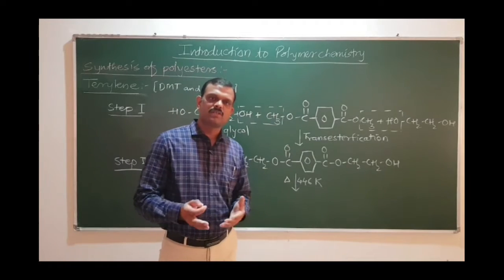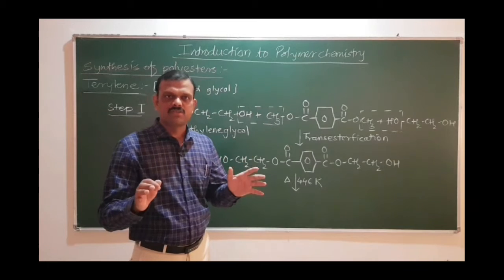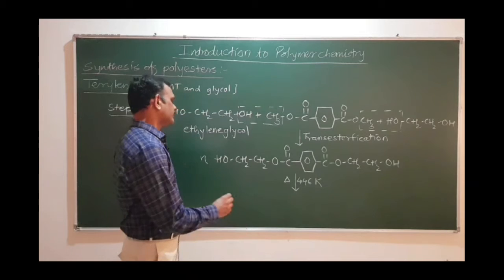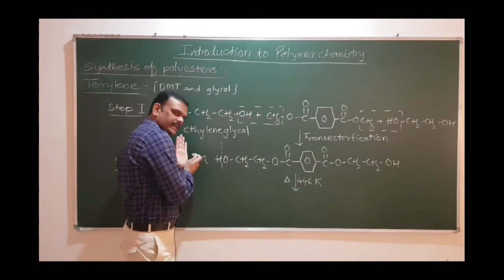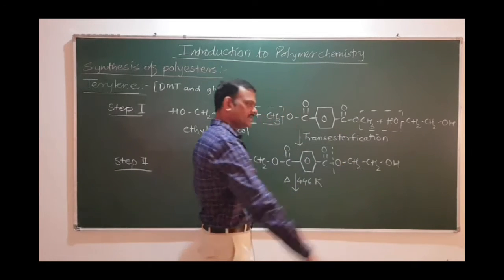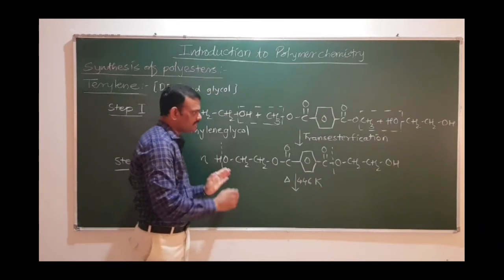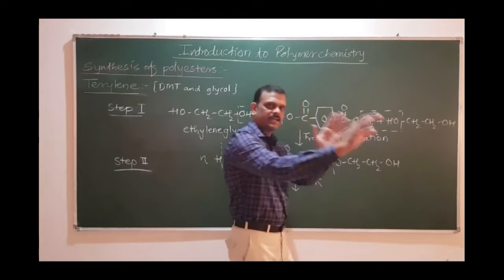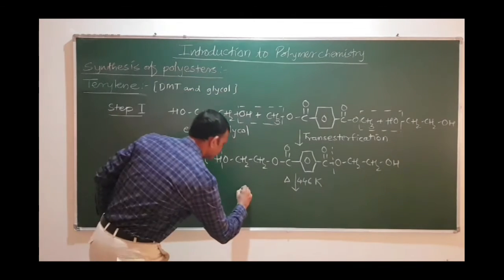To avoid combustion, we are using nitrogen. That means the atmosphere must be free from oxygen. Now what happens? One hydrogen is eliminated, and another part from this one. The hydrogen from the left side of the hydroxyl group combines with oxygen and this remaining part. Ethylene glycol is again given out and you will get the polymer which is like this.